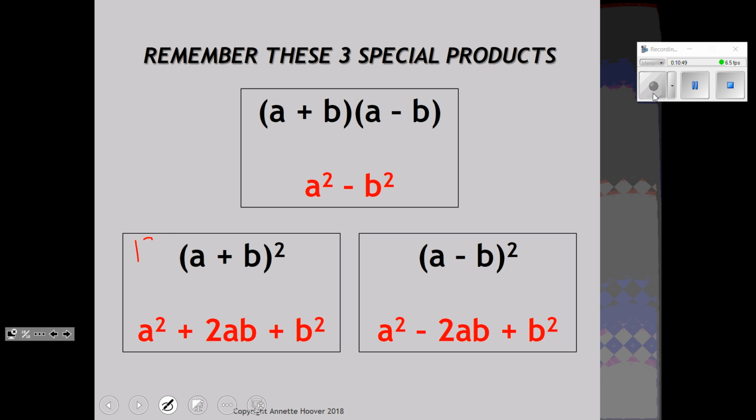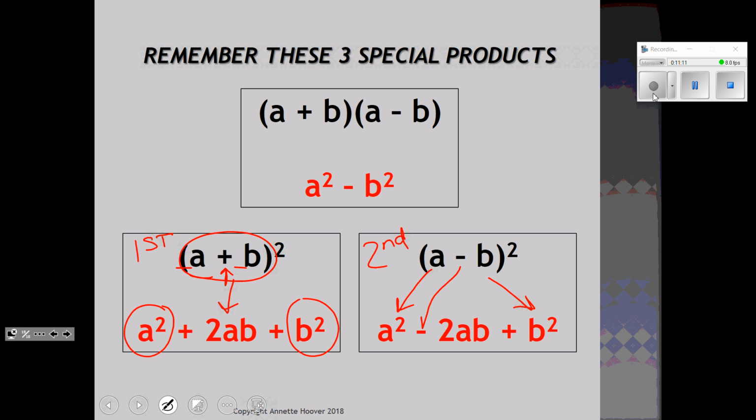This was the first one we learned right down here. We had a binomial that has an addition sign, being squared. You square the first term, square the second term, multiply the numbers, double them for the center. This was the second one that we learned. Again, you're going to square the A term, square the B term.